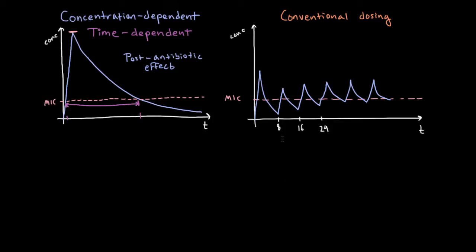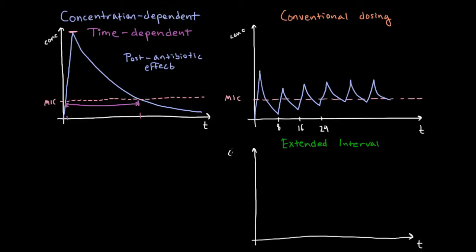Now the alternative to conventional dosing is extended interval dosing. And for that also, let's look at a plot of concentration over time. And here, as usual, is the MIC. Now with extended interval dosing, what you're going to do is give a much bigger initial dose.